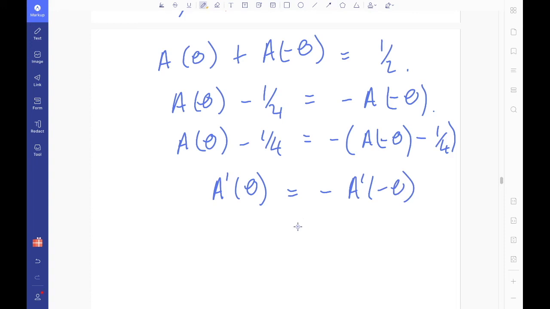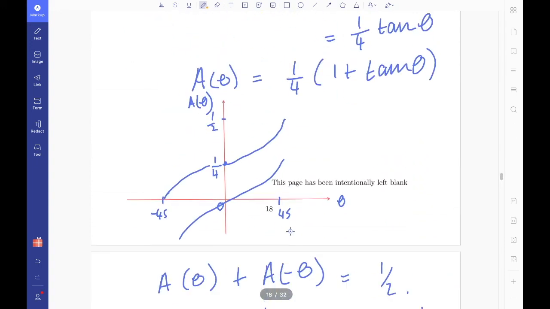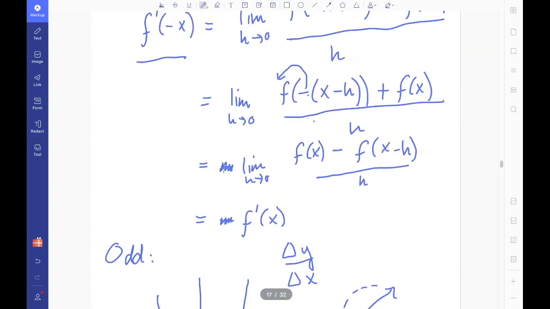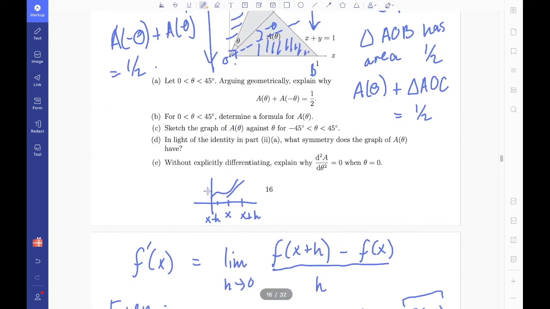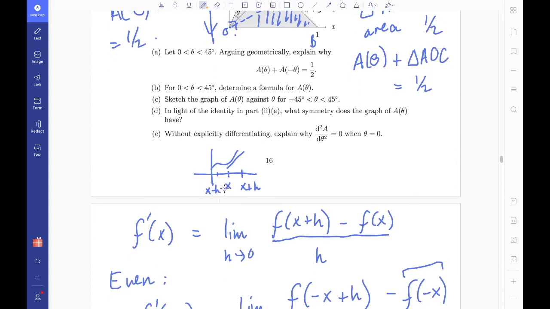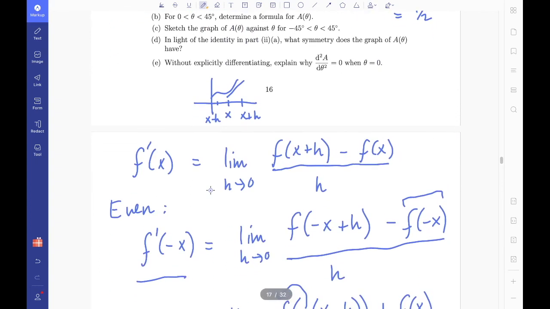So that's why you have a rotational symmetry of order 2 about the point 0, 1/4, because if you translate it down by a quarter on the y-axis, then you can show this odd symmetry.